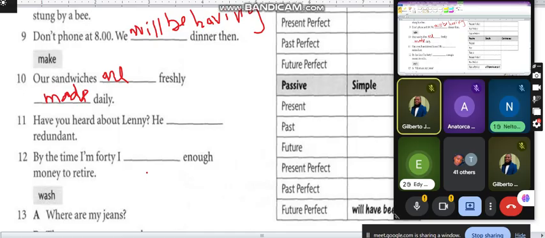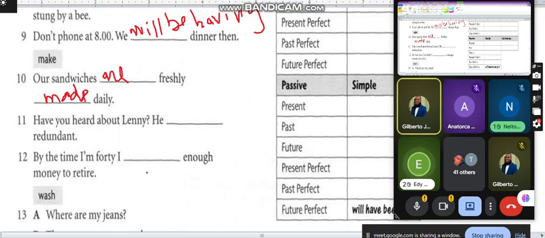Do you guys know what redundant means? Nelton, do you know what the meaning of made redundant is? I think yes. It's to be expelled from work, but they make you feel that you are guilty for being expelled. Very good. Yeah, that's it.